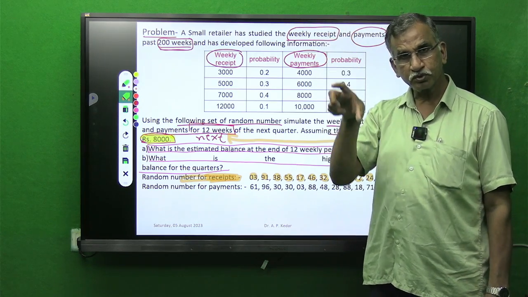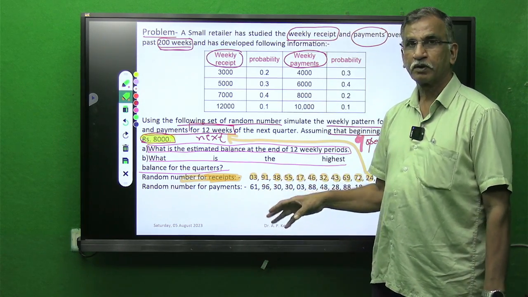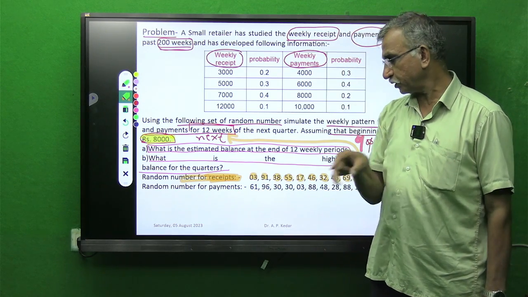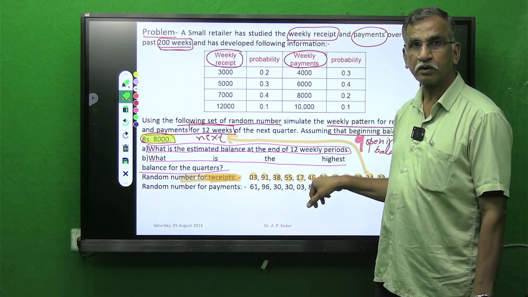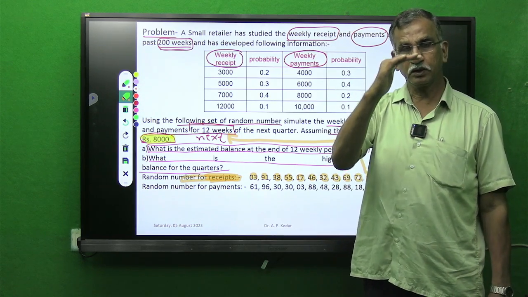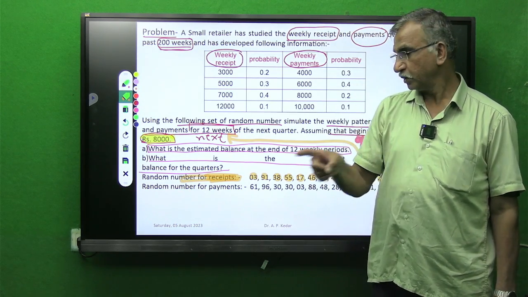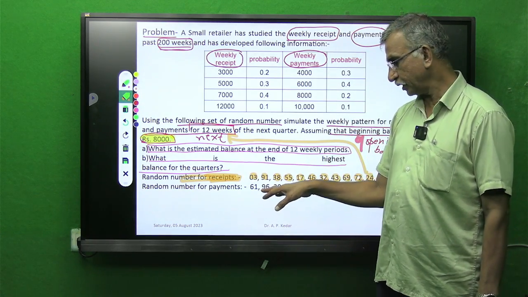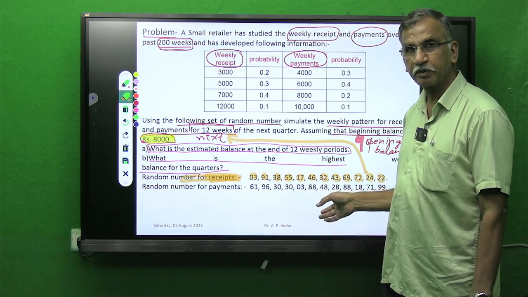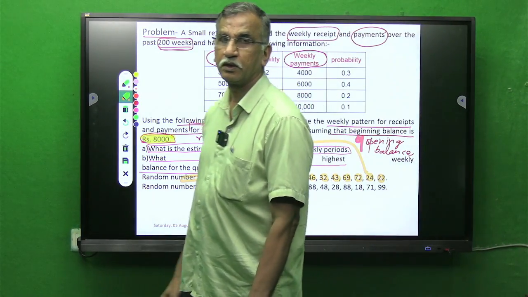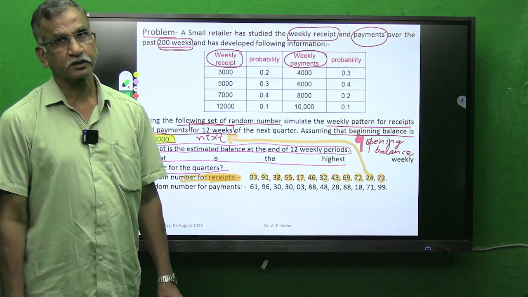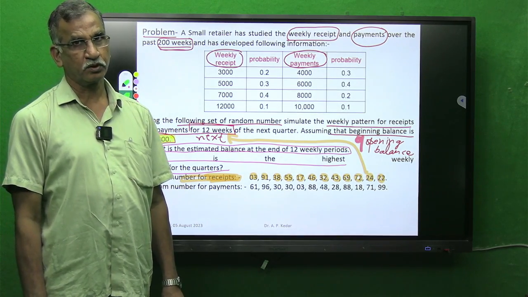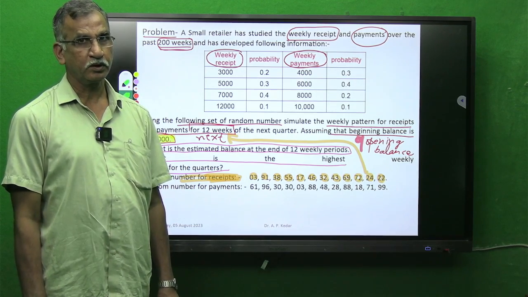So from that sheet, we will take from any column randomly 12 numbers vertically top to bottom in sequence from one column, which will be for receipt. Similarly, randomly we will select from another column 12 random numbers in series, when a set of random numbers is not given.